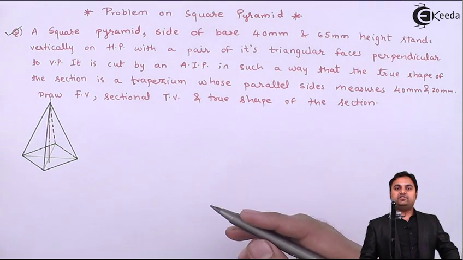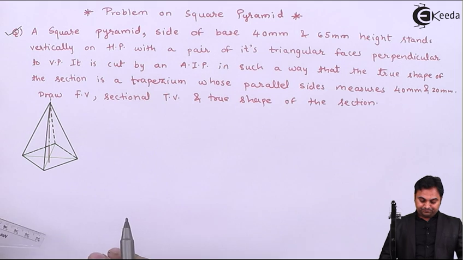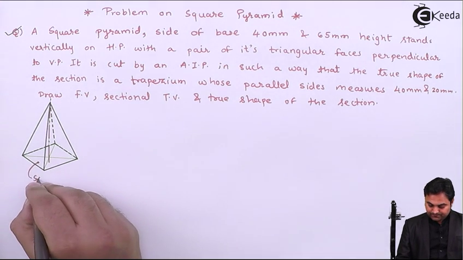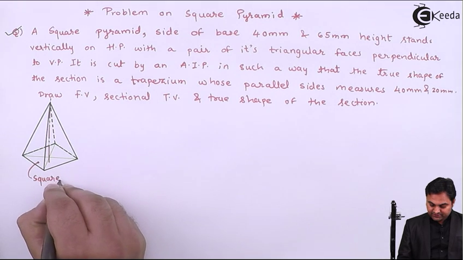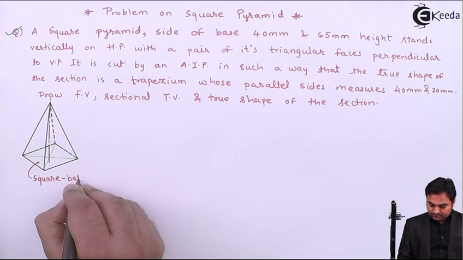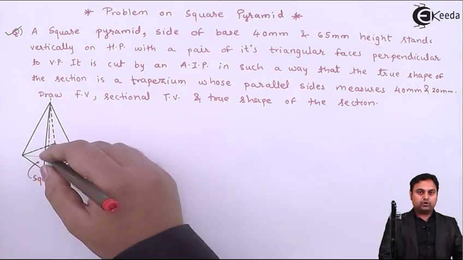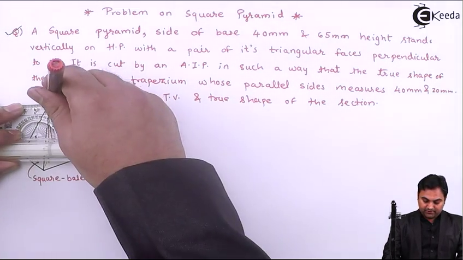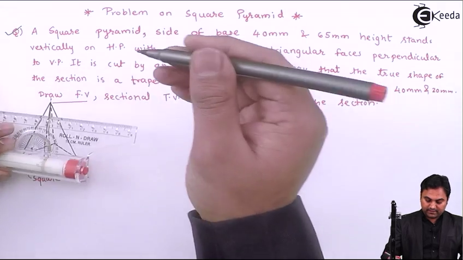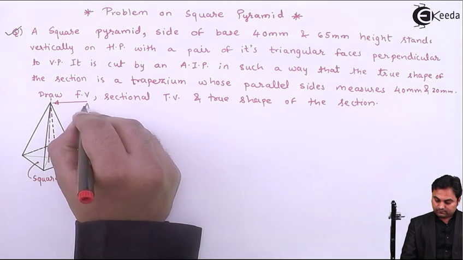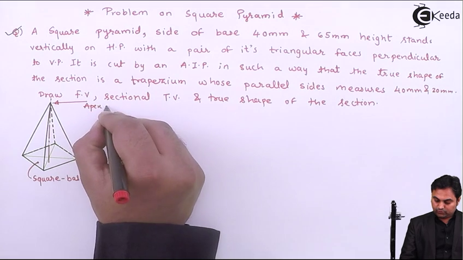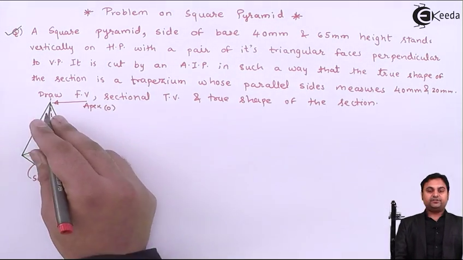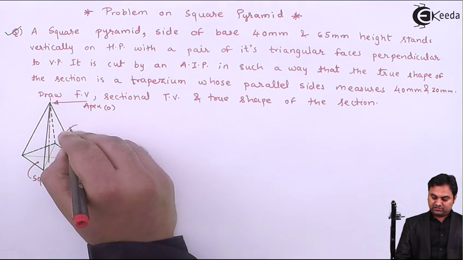So here we have a square pyramid in which we have a square base having 4 sides. Then it has 4 corners, and those corners are connected to a common apex point O. Then these corners are connected to the apex with the help of slant edges.